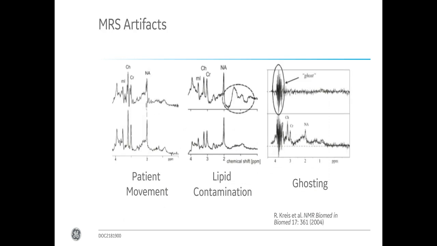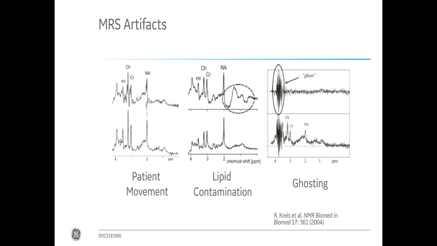In the same publication, there are plenty of artifacts. So a full list of artifacts, a gallery of artifacts, showing how, for example, patient motion can end up in multiple peaks that are not really there. Modern post-processing can get rid of it if the acquisition is already adapted to allow that in post-processing.